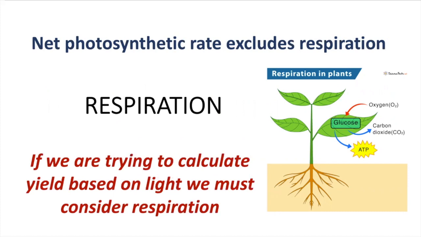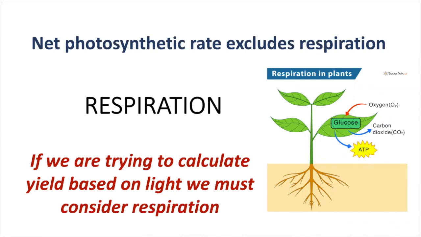Net photosynthetic rate refers to the total rate of fixation of carbon considering the CO2 lost during respiration. Therefore, when trying to link light to yield, we need to consider that some percentage of carbohydrates will be used for the plant's respiration, impacting, of course, also the yield.